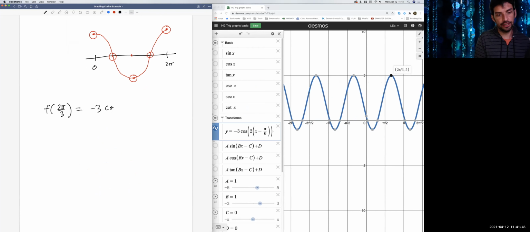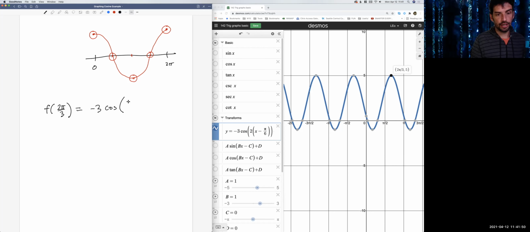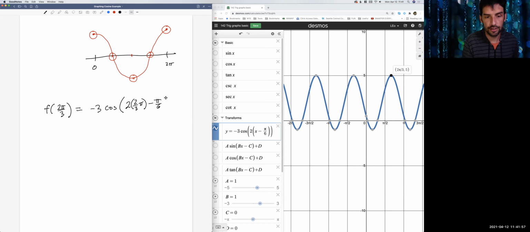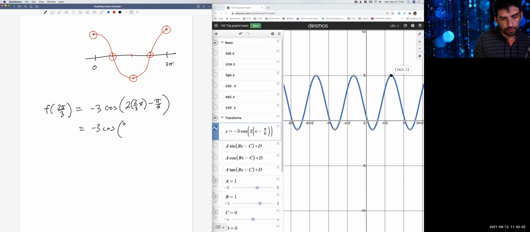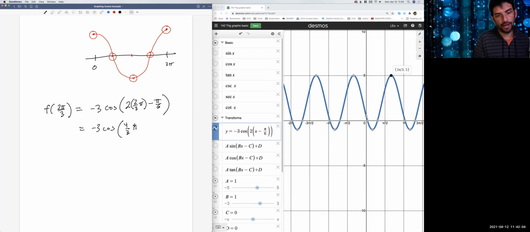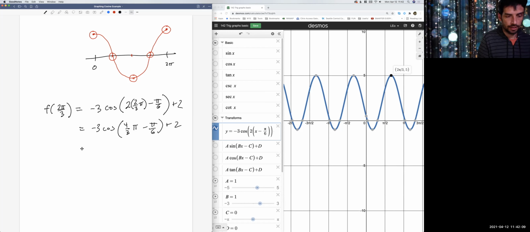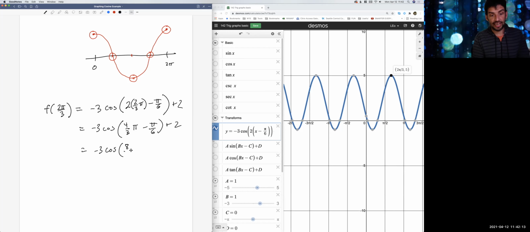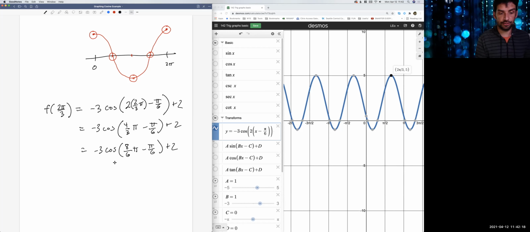So we have -3 cosine of 2 times 2/3 pi minus pi over 6. What is this going to be? We get 4/3 pi minus pi over 6. Oh, I forgot my plus 2. We'll get -3 cosine of 8/6 pi minus pi over 6, plus 2.